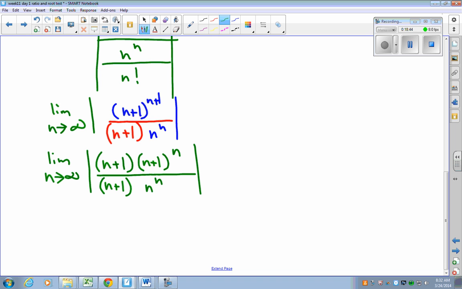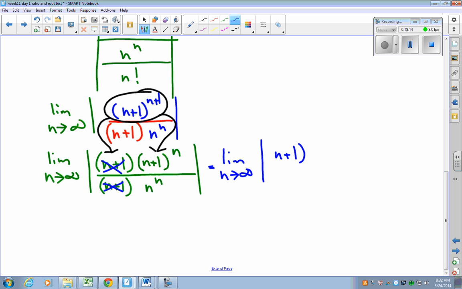Now, all I've done so far is the bottoms are the same. Look what I did with this piece, how I broke it up into one of them and n of them. The reason I did that is because now I can see that part cancels. So now I'm looking at the limit as n goes to infinity of n plus 1 to the n all over n to the n, which is the limit of n plus 1 over n, to the n.